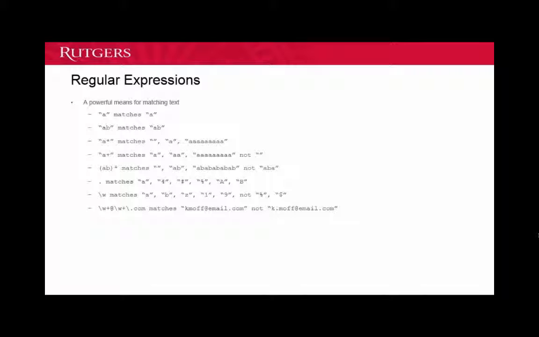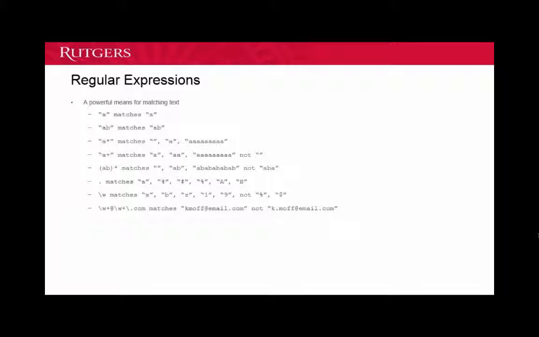So \w plus, then there has to be an @, then another \w plus, then a .com. So this would match kmoff@email.com, because \w plus would match all these characters. Then there's an @, because @ doesn't match in \w, which only matches numbers and letters. So the next thing is an @ and it matches here.